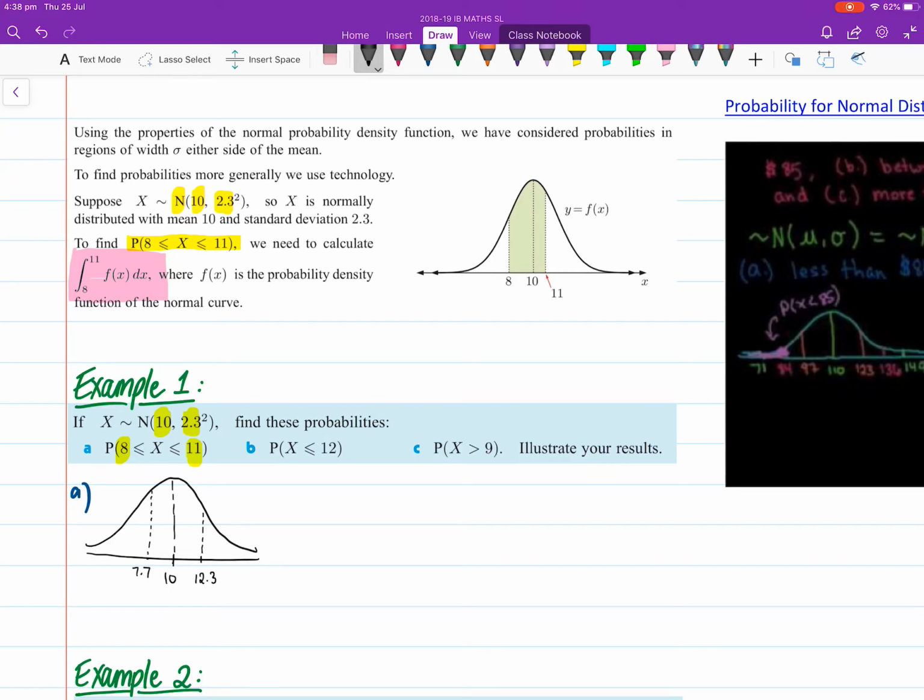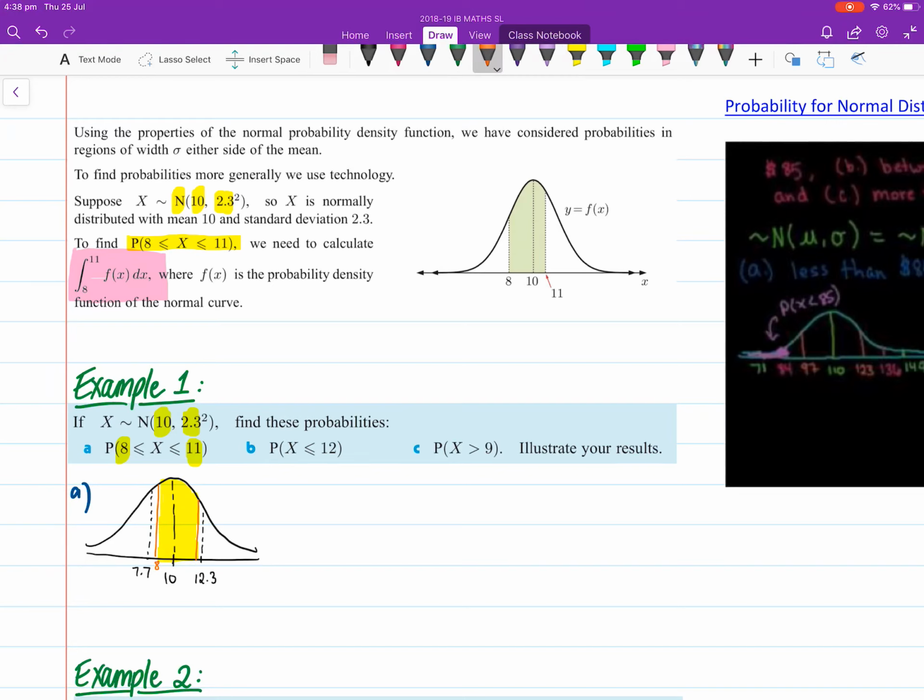Yeah, okay. Now we want between 8 and 11. So let's say 11 is here somewhere, and 8 is here somewhere, right? So it's asking us for the probability between there, which is in effect the area under the curve there. Does that make sense?